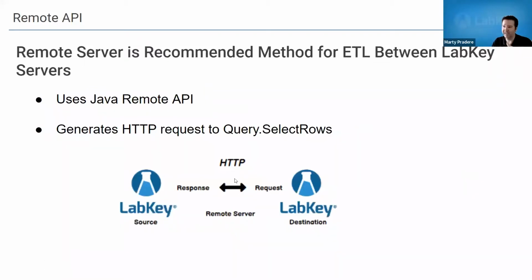But instead of using the JDBC interface, it's using our remote API, and it's really just doing query.selectRows with all those filters applied, like the incremental filter or the run filter. It's going over an HTTP interface, request and response, getting data from your external server that way.